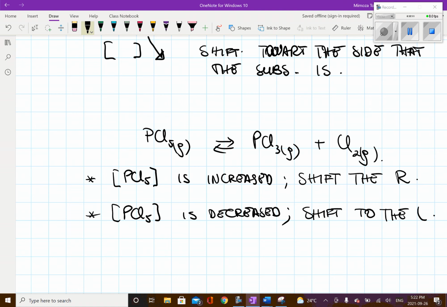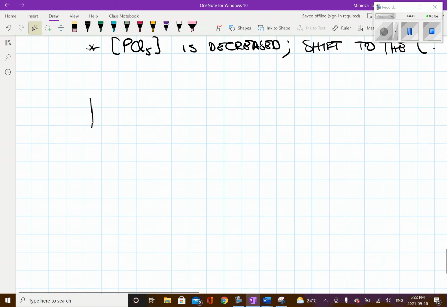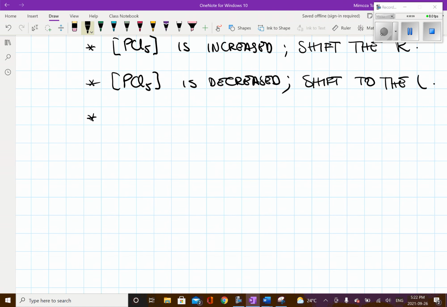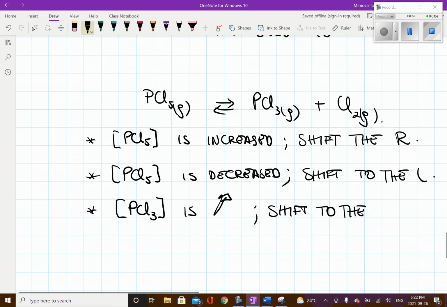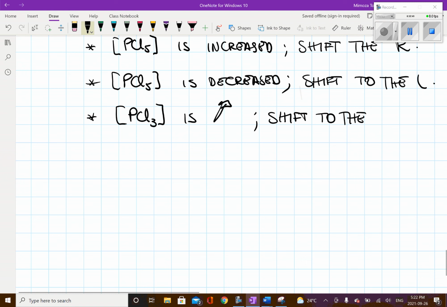Will produce more, okay? And if the concentration of PCl3 is increased, the system will be shifted to the left, to produce more gas.